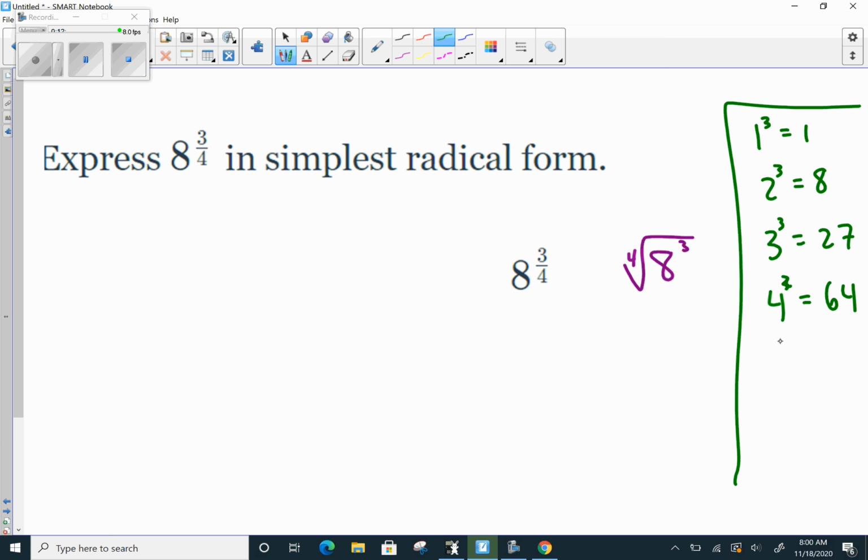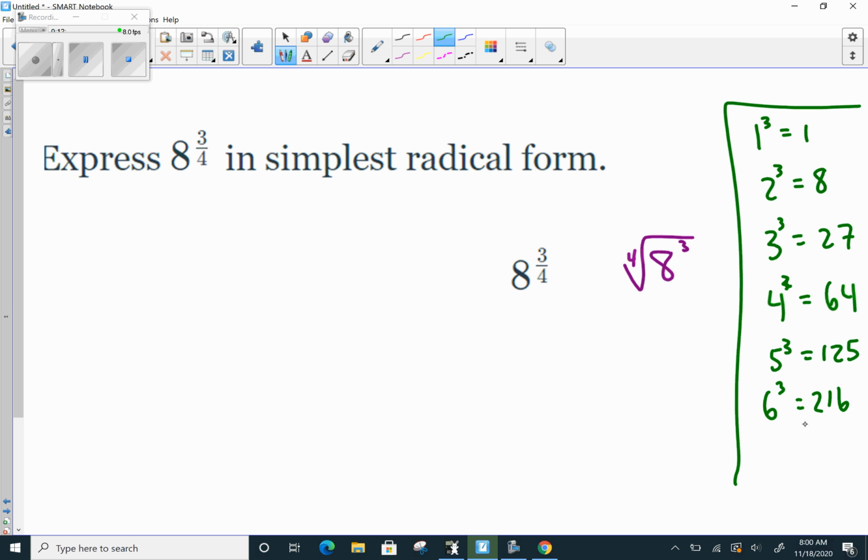We just did that. 5 times 5 times 5 is equal to 125. 6 times 6 times 6, you get the point. I should probably just do one more. Using my calculator, 6 times 6 times 6 is equal to 216. So 6 to the third is equal to 216. And again, you can keep going.